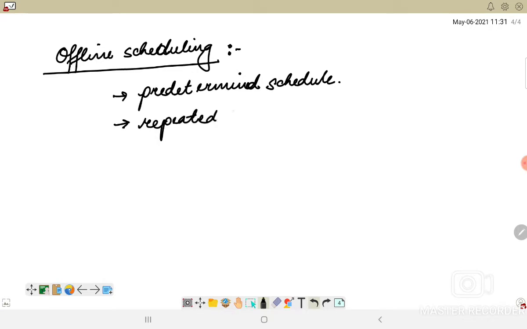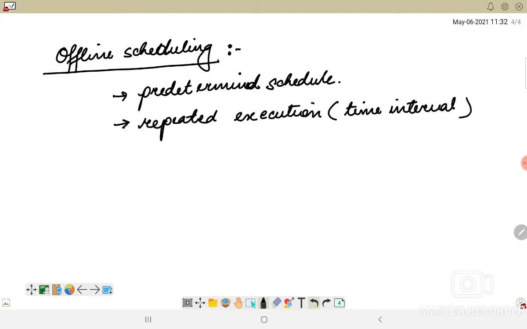So repeated execution will be there depending upon time interval, after a definite time interval.